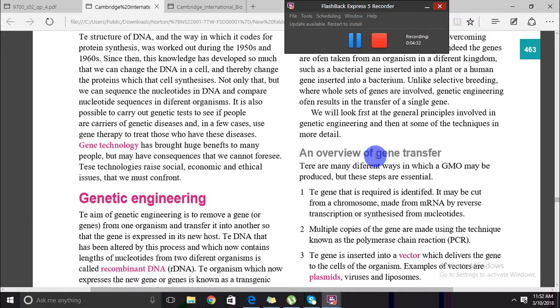And why do we do that? It is so that the gene that we have transferred, which was not previously present in the host organism, is now able to be expressed within the host organism. And this could be for a number of different reasons.